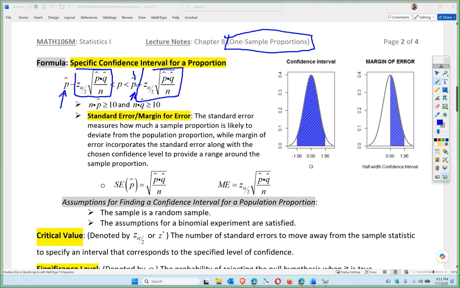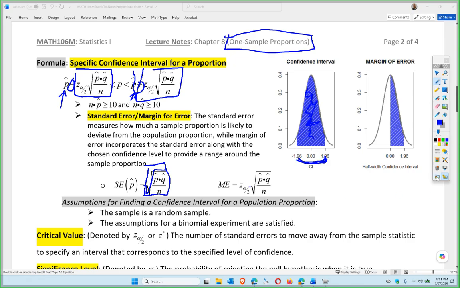So notice it's plus or minus, right? Okay? So the standard error, right, is the square root of p times q divided by n. So that's what we did in the prior chapters with the central limit theorem. So if you multiply it by the z value, you get margin of error, basically, right? So the confidence interval is in here, essentially, between our two values. That's our confidence interval. Okay?